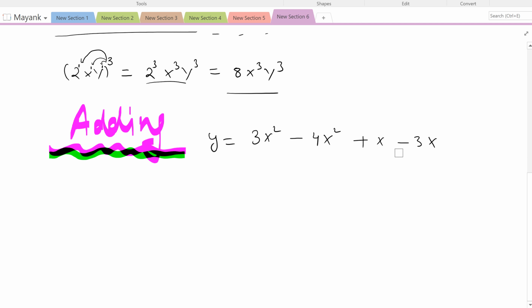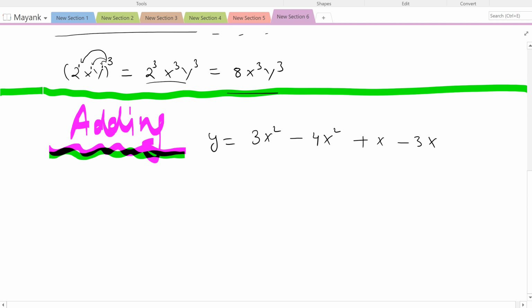Now, in order to simplify this thing, if they simply ask you to simplify this whole thing, what are we going to do? You're gonna find the same exponent, the same power, right? Like that. Now, x squared is common between them, right?